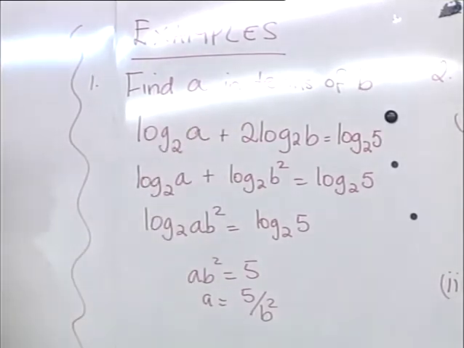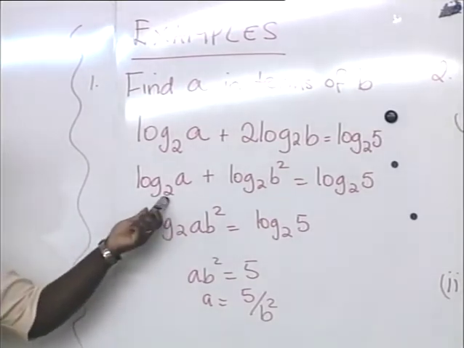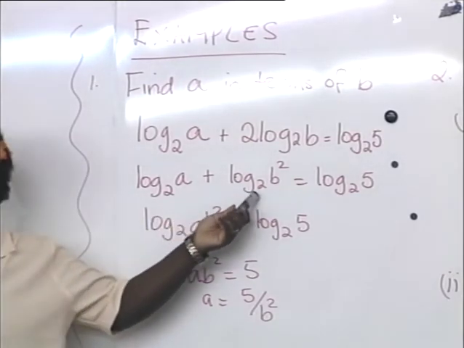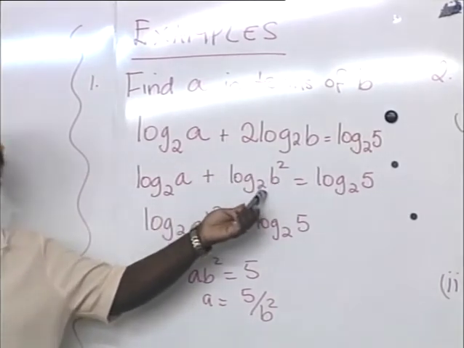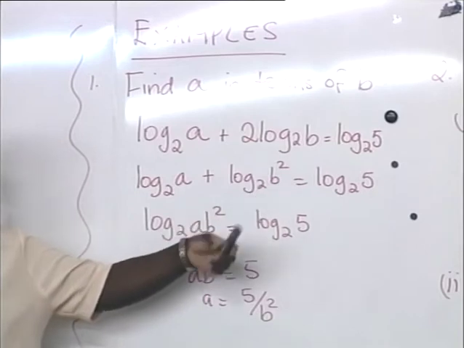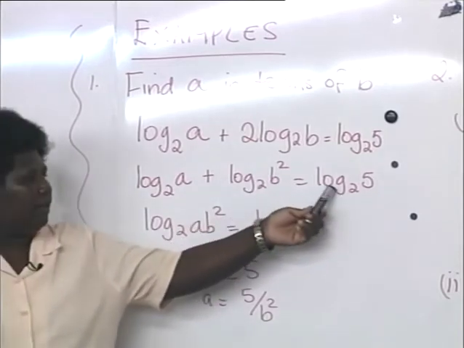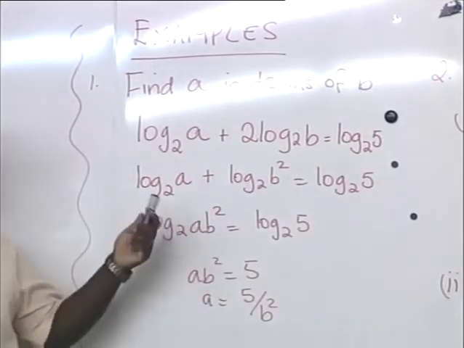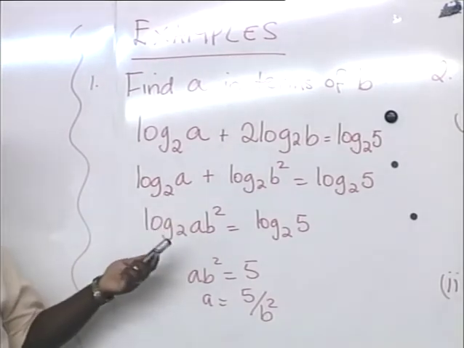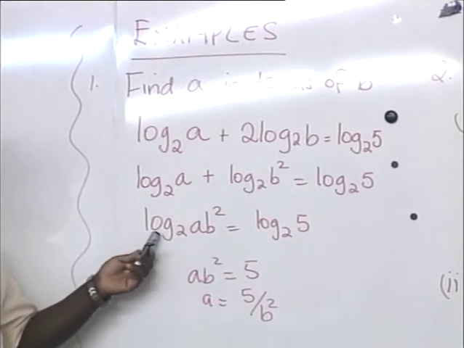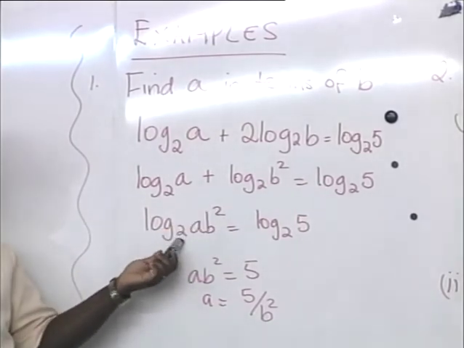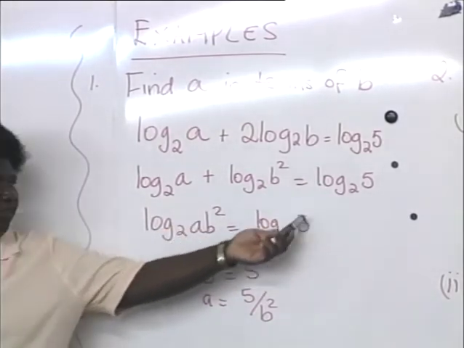Following one of the rules that we looked at, 2 log of b base 2 is the same as log of b squared base 2. And following the first rule, that means I have to multiply a and b squared. So I've got log of a b squared base 2 is equal to log of 5 base 2.